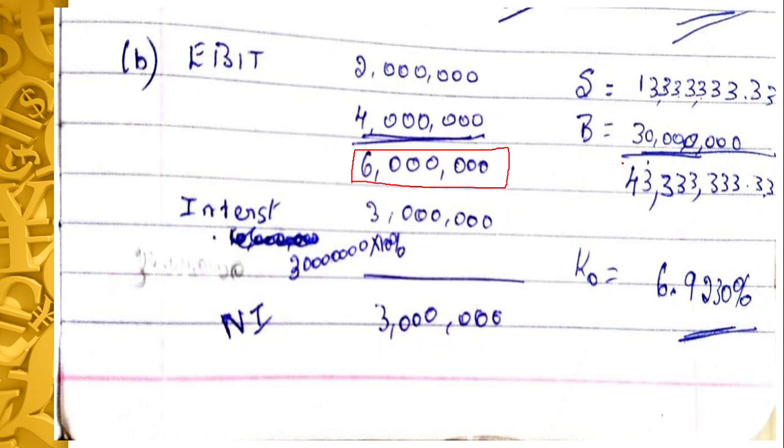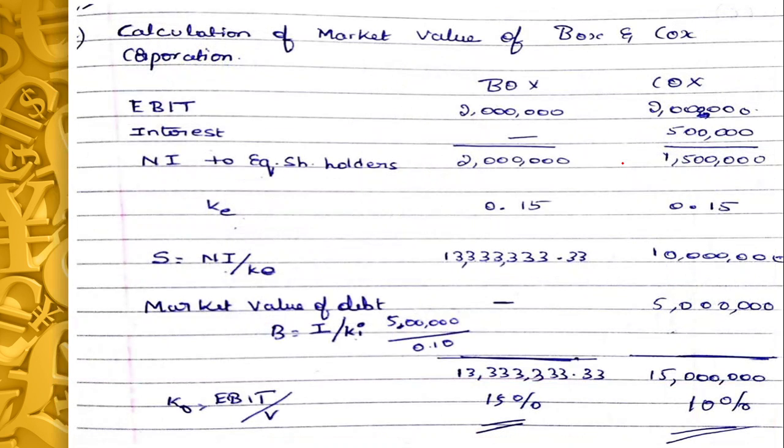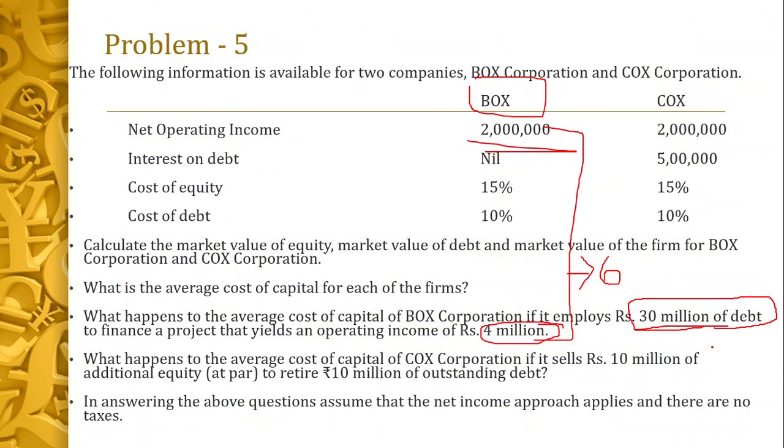But the one thing that we should remember is, there was no interest in the first situation. But with the addition of debt, it simply means that there would be some interest that has to be paid, and this particular thing you should never forget.